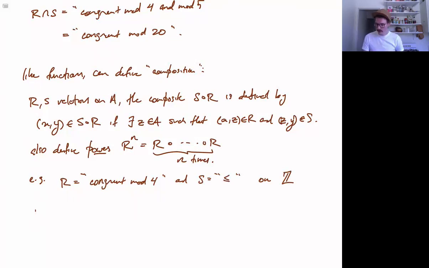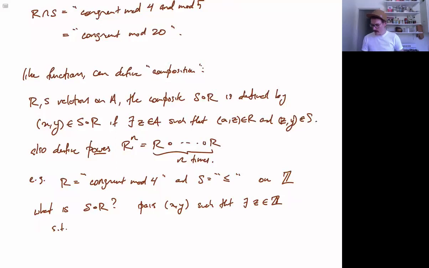What is the composition? It consists of pairs (x, y), or let me say x is related to y if there exists a z integer such that, let's see, we first perform x related to z, so x is congruent to z mod 4.